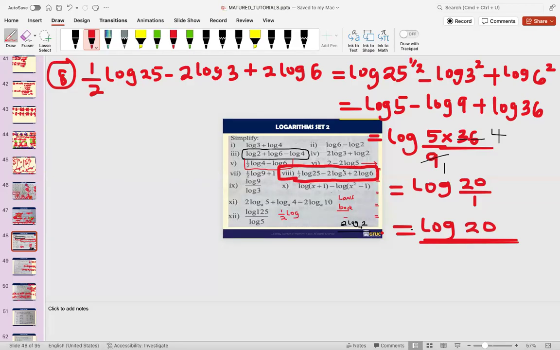Is it clear? Yes, sir. Very well, sir. So always remember that if it is plus, the number will be on top. If it is minus, the number will be below. So that is how we had that arrangement. All right. Thank you, sir. Okay. Any other question on this?